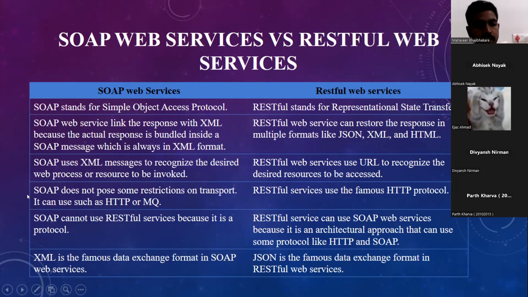RESTful web services can be used as an architectural approach with protocols like HTTP. XML is famous as the data exchange format in SOAP, while JSON is famous as the data exchange format in RESTful web services.